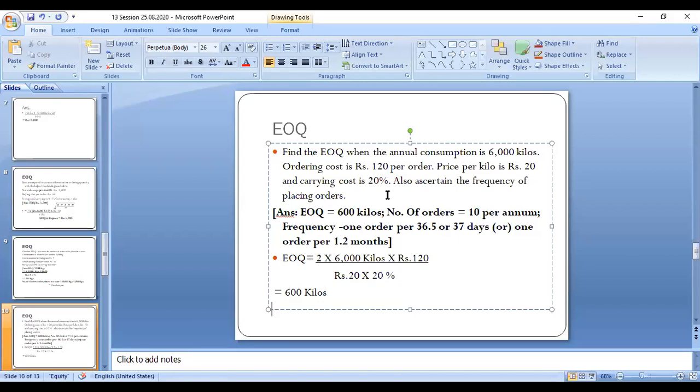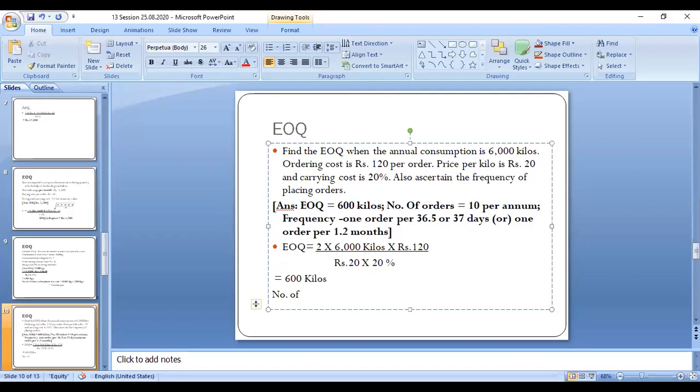Now one more thing they're asking: also ascertain the frequency of placing orders. How many, that is called the number of orders to be placed. The number of orders to be placed in the sense, what is the annual requirement?